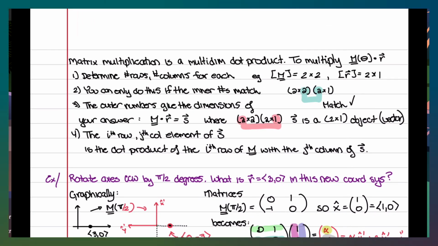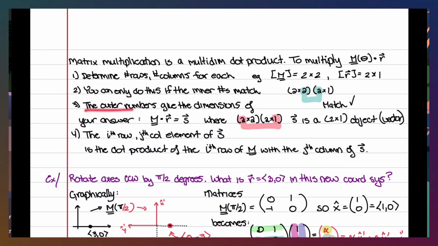Now the requirement is that the inner numbers have to match. If the matrix is 2 by 2 and the vector is 2 by 1, these numbers have to match in order for the multiplication to work, else you cannot multiply these two things together. Again, you'll see why, because it's essentially just a dot product. These two numbers match, so we're off and running.